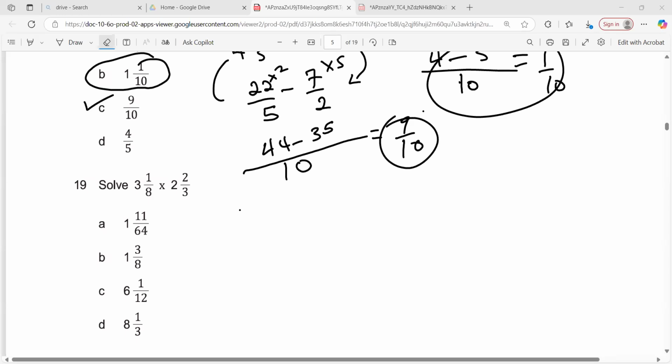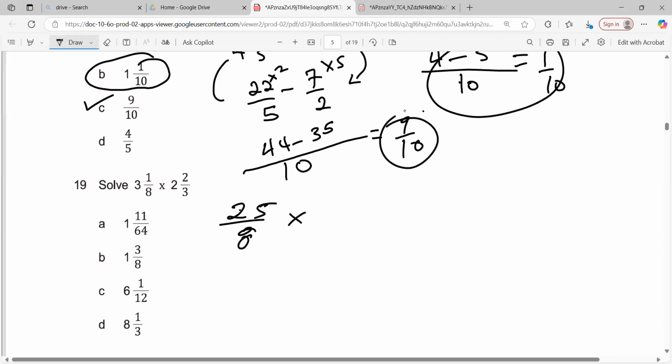Yes, sir. It says solve 3 and 1/8 times 2 and 2/3. So, sir, what I did, I converted it into an improper fraction. So I'd say 3 times 8 would be 24, plus 1 would be 25 over 8.